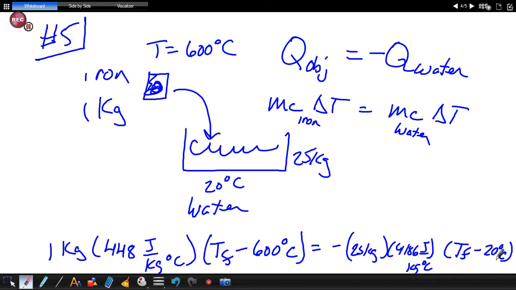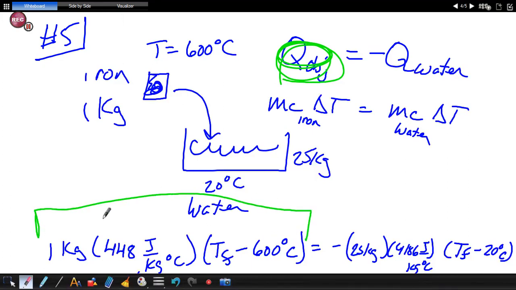You can't do this sort of problem by trying to find Q of the object, which is this term, because you're missing the temperature that it ends up at. So that's the gist of these heat transfer problems.